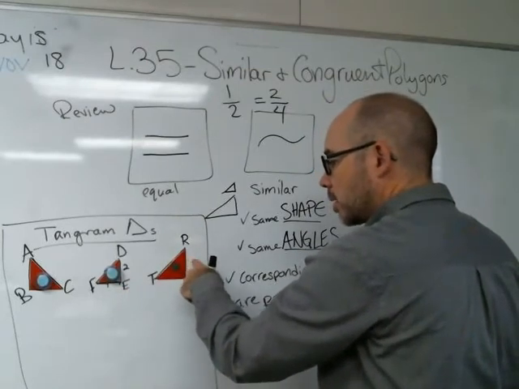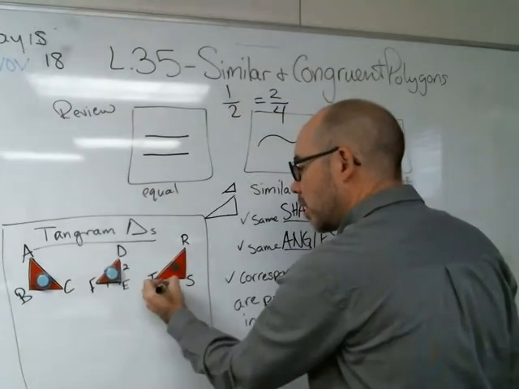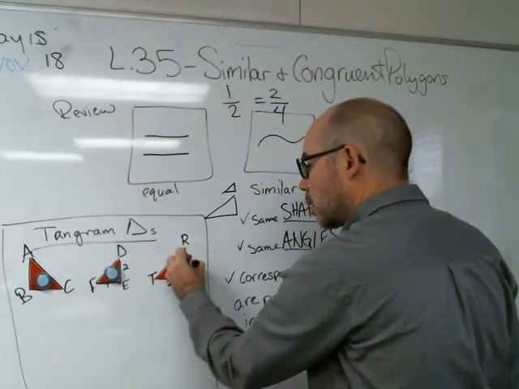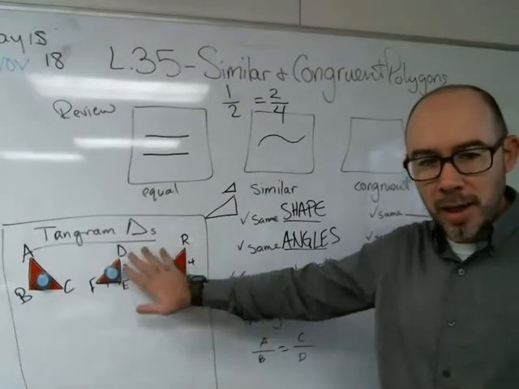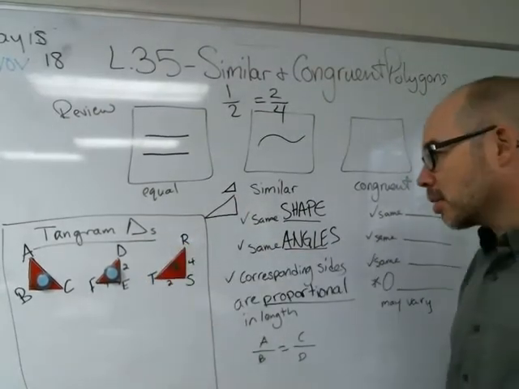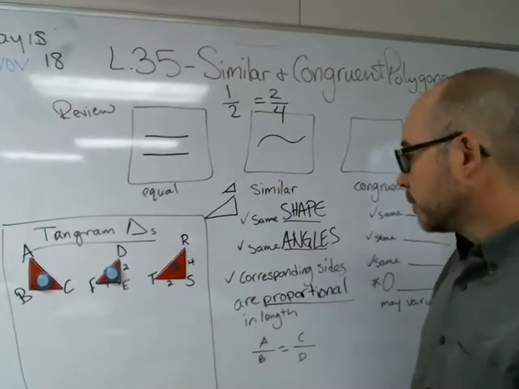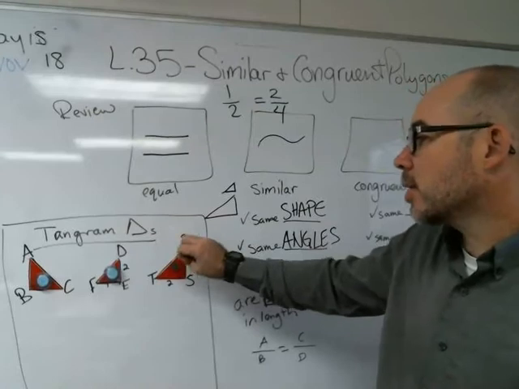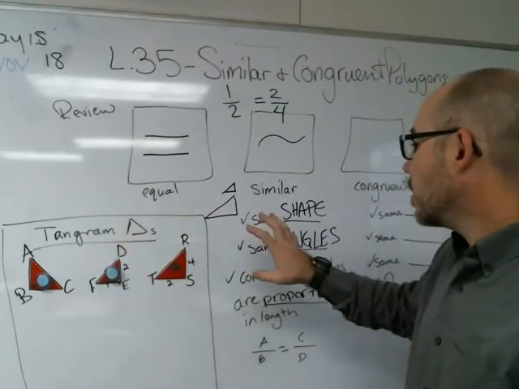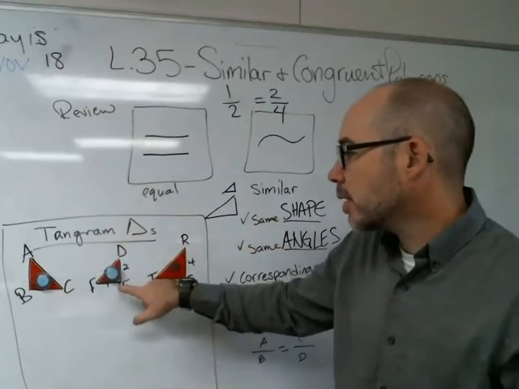So maybe if that's a 1:2 ratio, this would be a 2:4 ratio. Not to scale, okay? I'm just using a marker, so just go with it. But they're proportional, even though they're not the same exact size. They're the same shape, and they have the same angles, all the same angles.